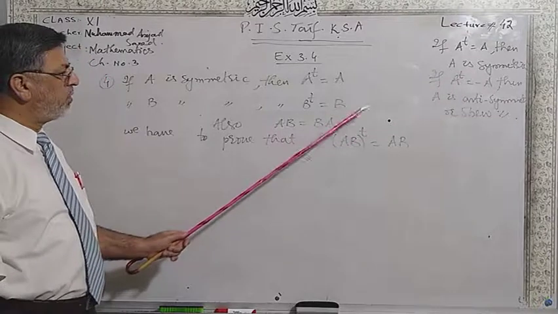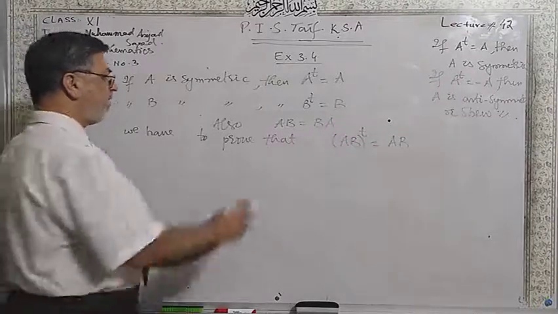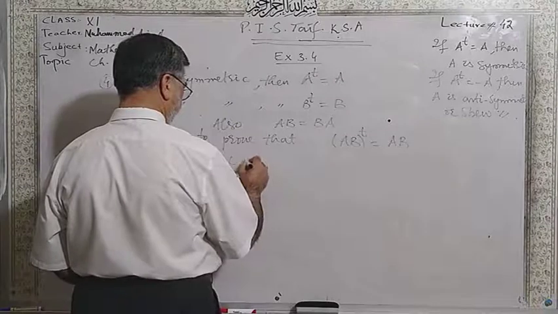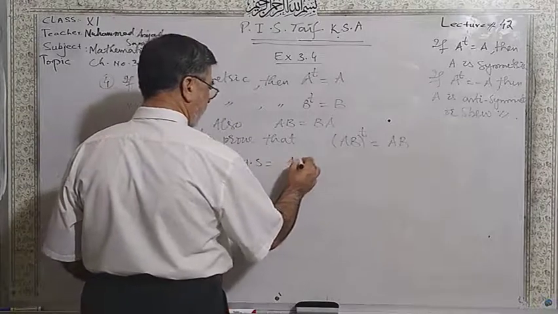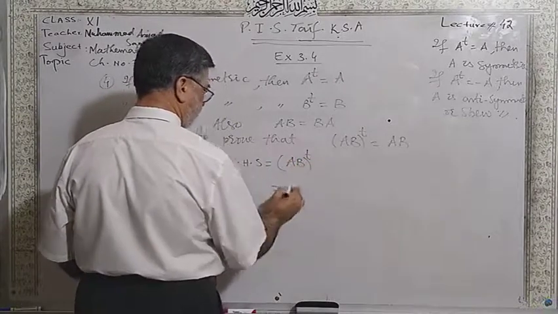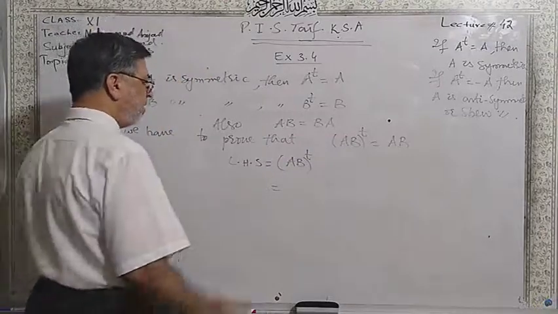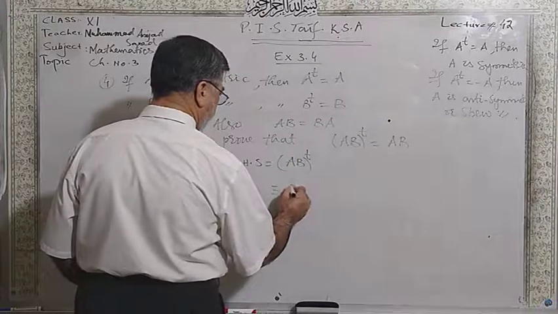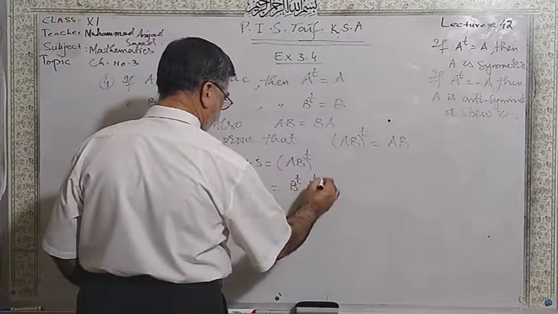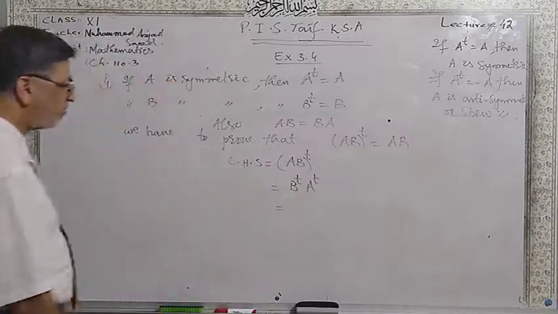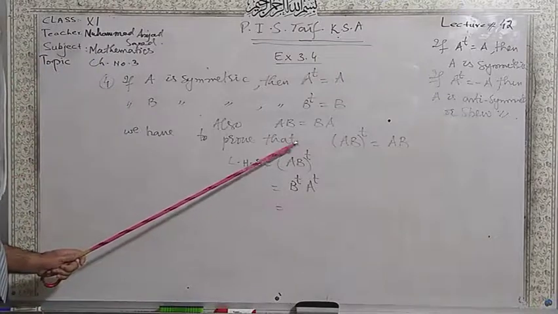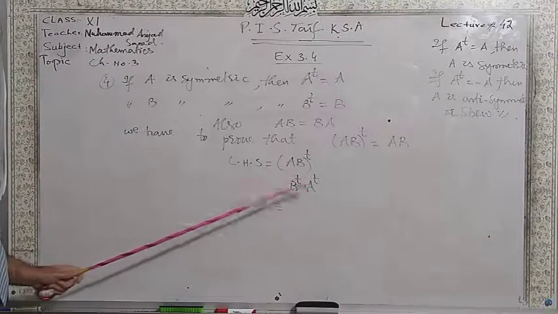Now we are taking the left hand side, AB whole transpose. In the previous exercise, you know about this: AB whole transpose is equal to B transpose A transpose.